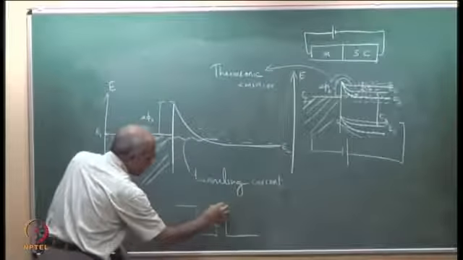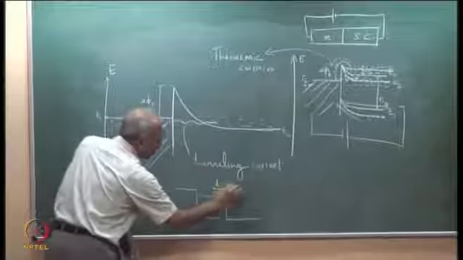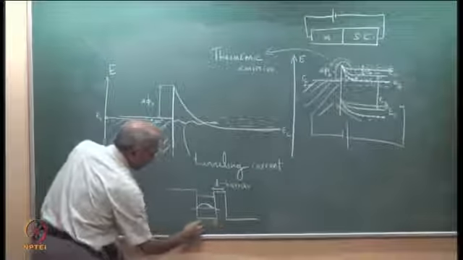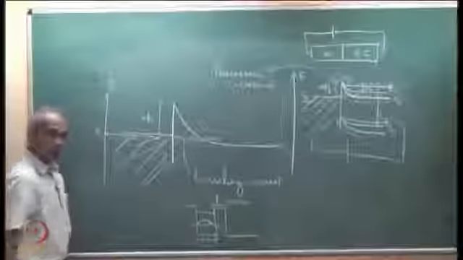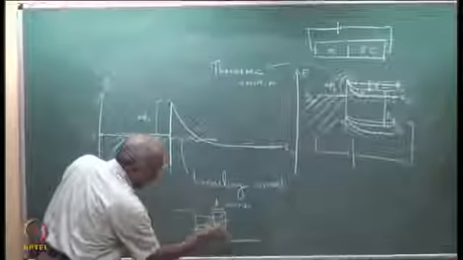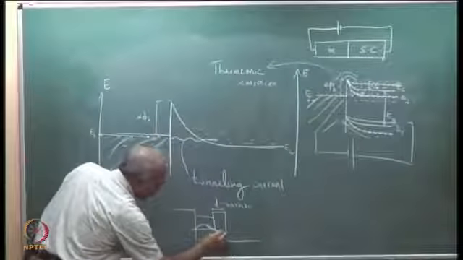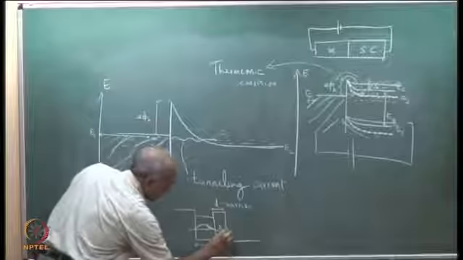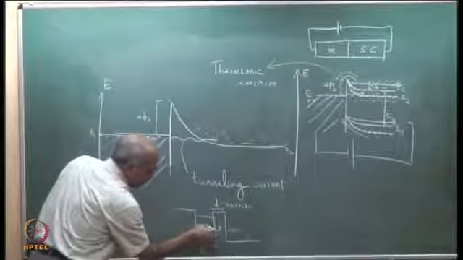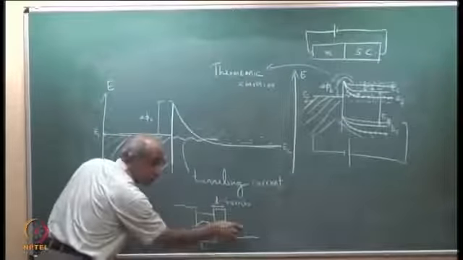So, this part is the barrier, let us say D is the barrier width, and L is the width of the well. If you have a lower potential here, which means at this value of energy it can exist here, then this has a probability of tunneling into that region.